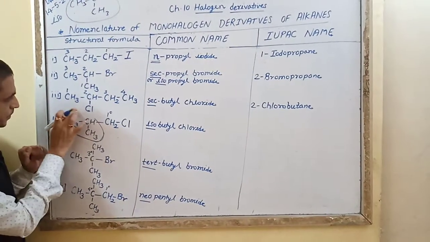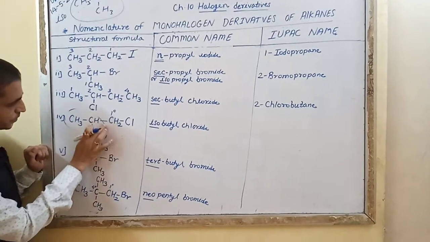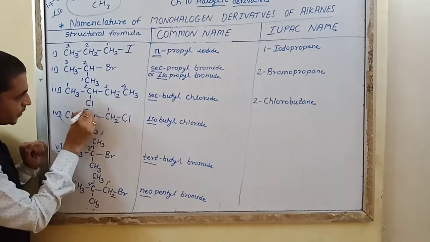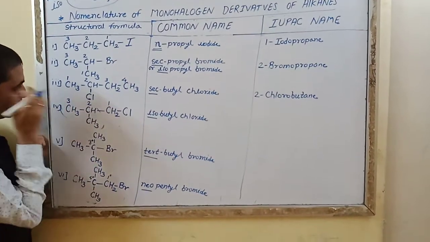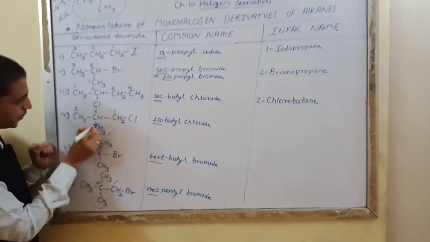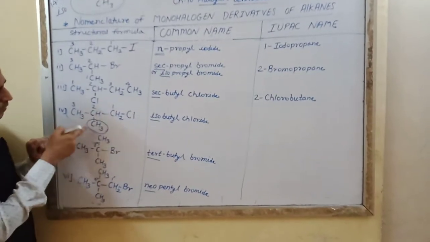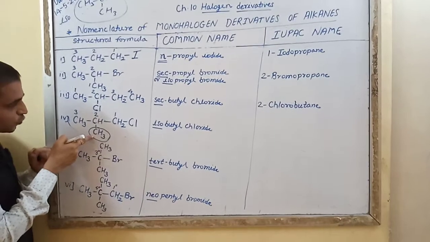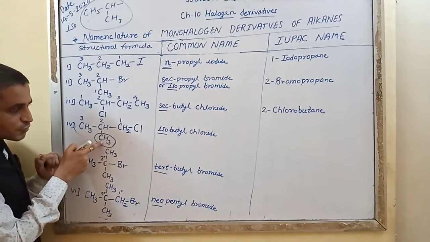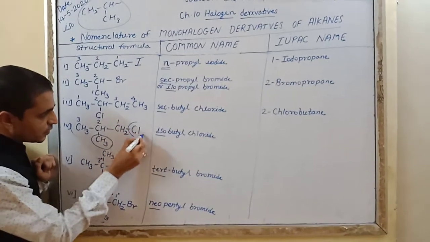Similarly see here. This is the first carbon atom, this is the second, this is the third: 1, 2, 3. Don't count this methyl group in the longest chain because it is a substituent. This one is also a substituent.